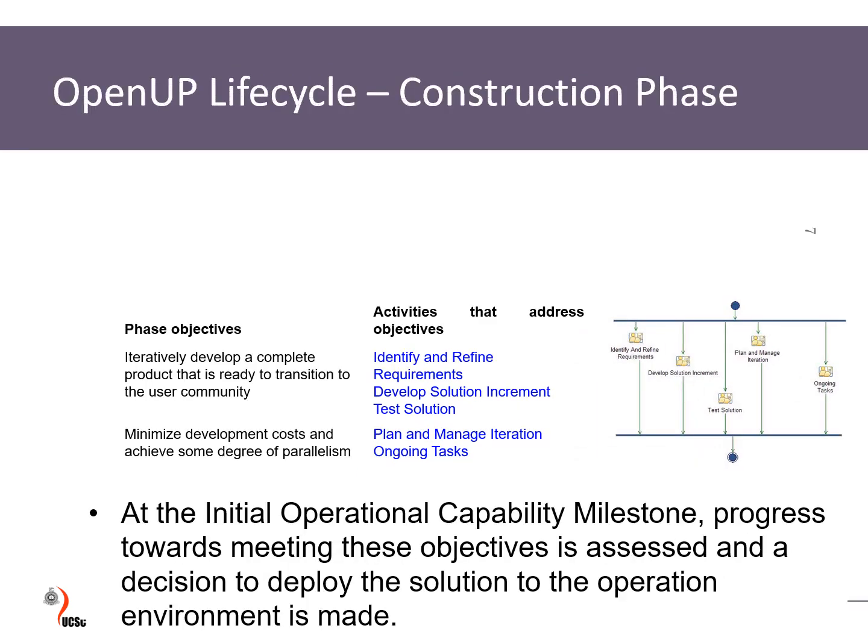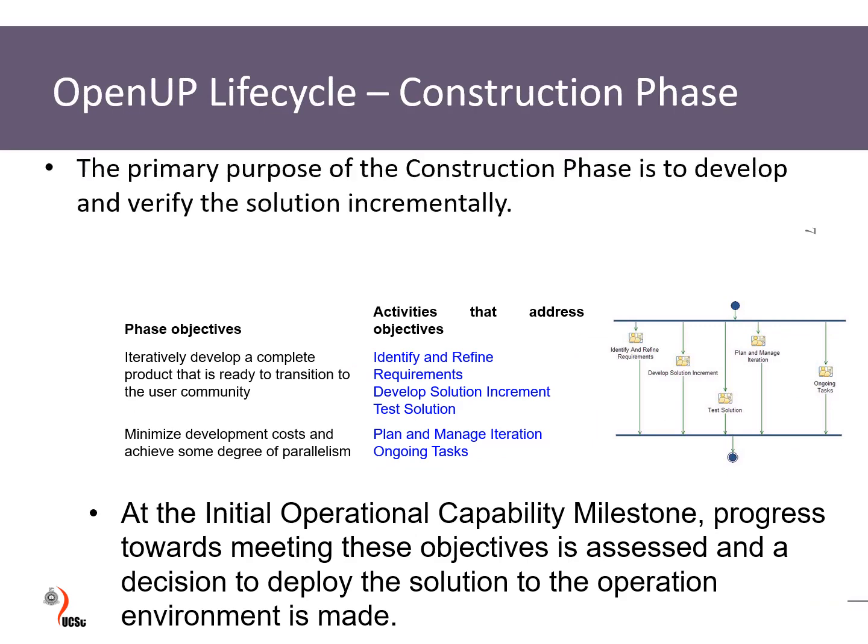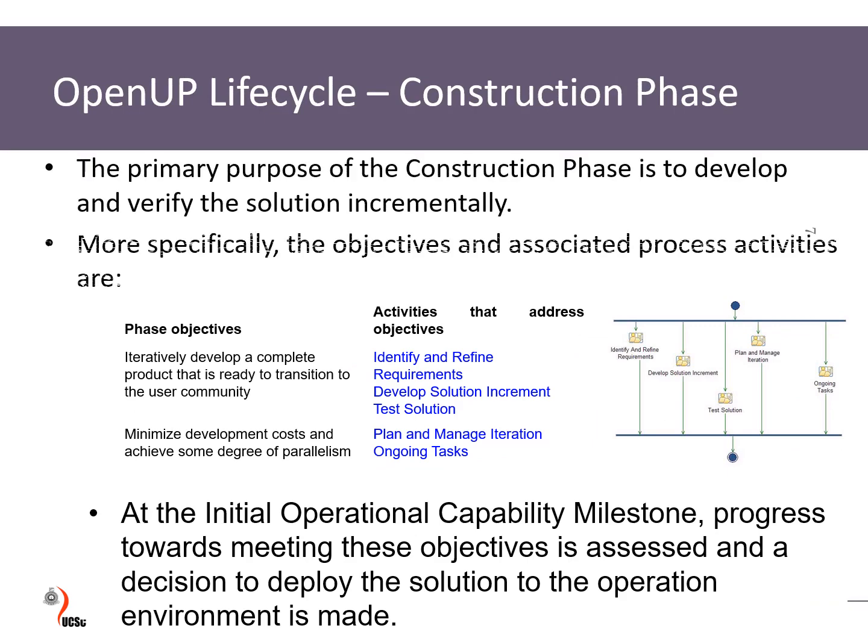The actual work happens in the construction phase, where the development work starts, and as you can see here there are objectives and phases. Iteratively develop a complete product that is ready to transition to the user community. Again, identify and refine requirements.